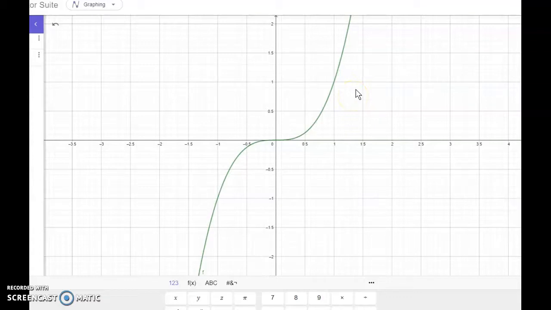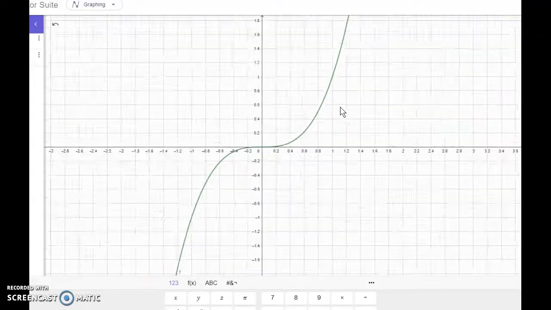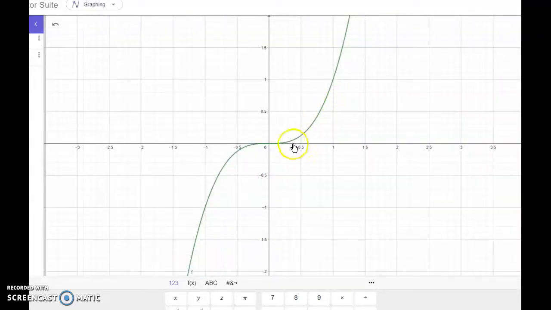So talking about calculating area, how do you calculate area? Let's say we want to calculate the area from 0.5 to 1, which is this area. How to calculate that?